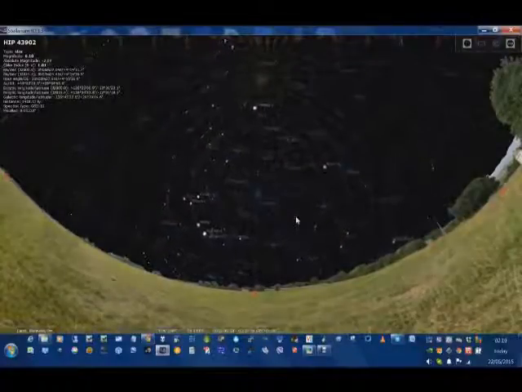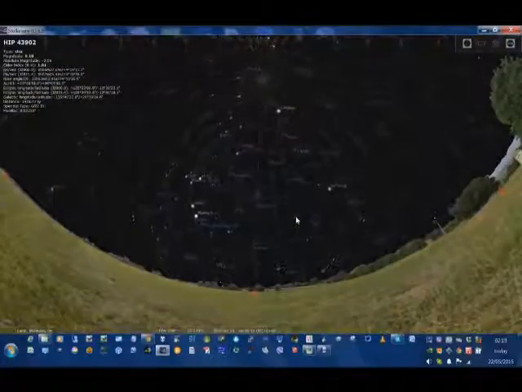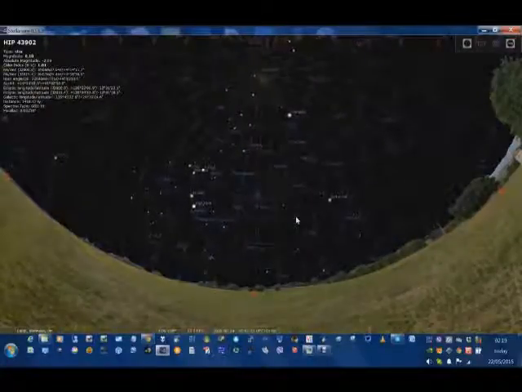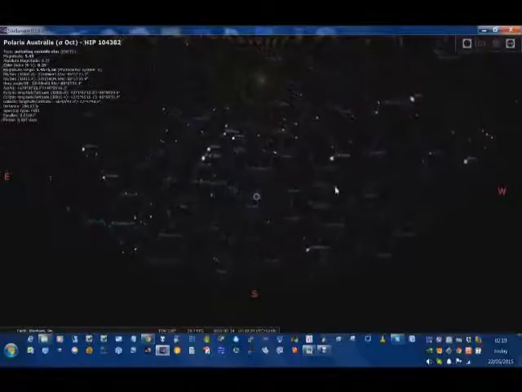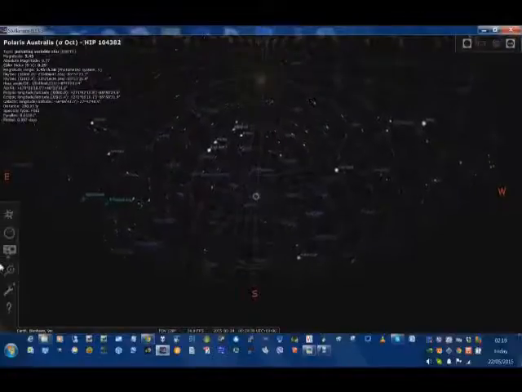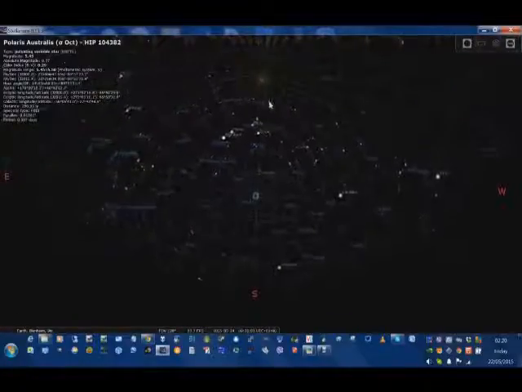We see the stars rotating clockwise. And I'm facing south, and they're rotating clockwise around the pole there. Okay. So that matches up with what we would expect to see. A clockwise rotation as opposed to an anti-clockwise rotation, which you see in the Northern Hemisphere.